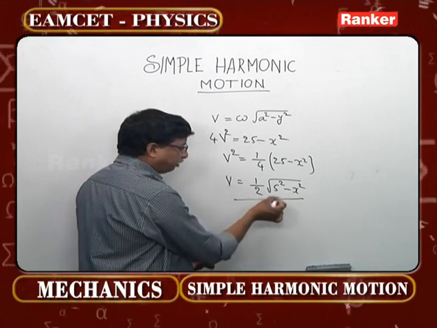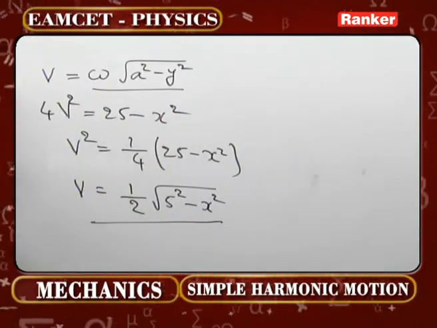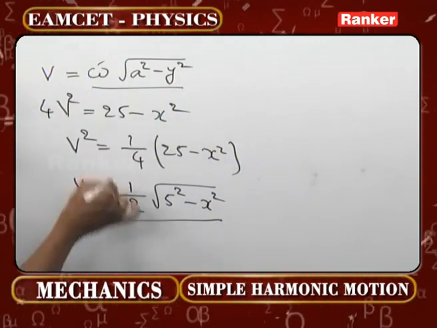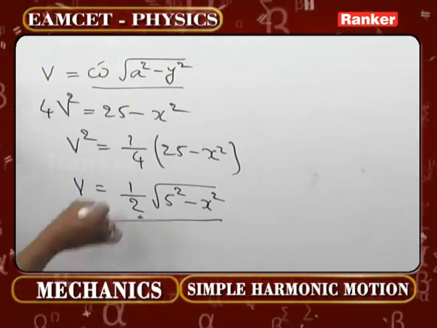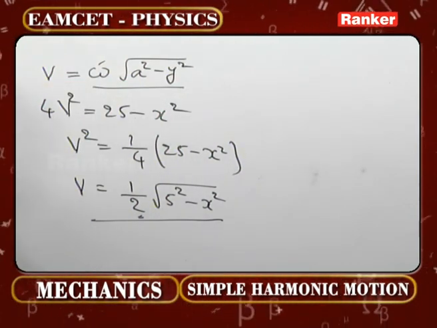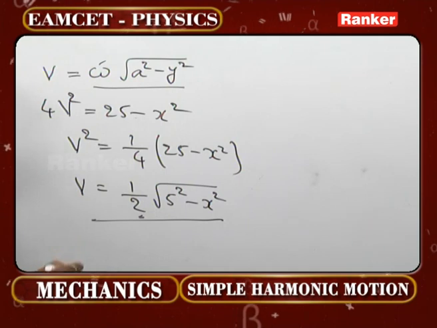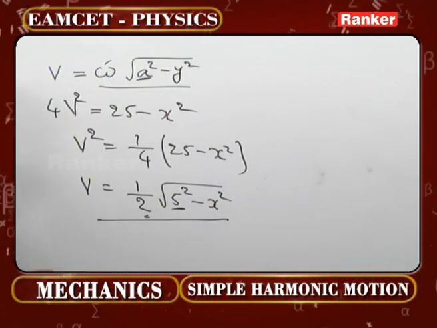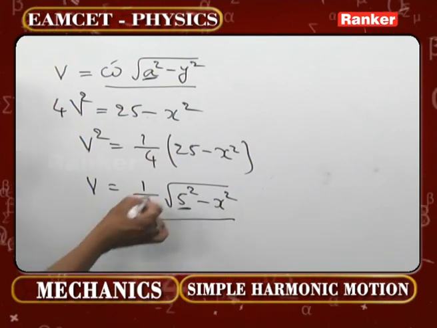Just compare this equation with the original formula known to all of us. So here is omega, here is half. That means the angular frequency of the particle which is in SHM is going to be 1 by 2. Very clear. Here a represents amplitude. What do you have in place of a now? It is 5.